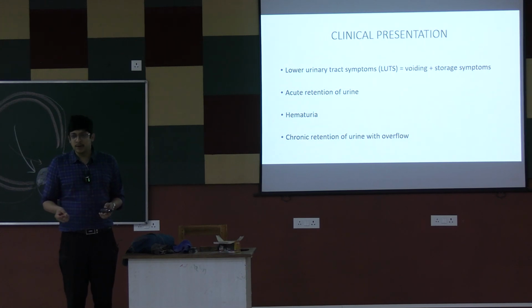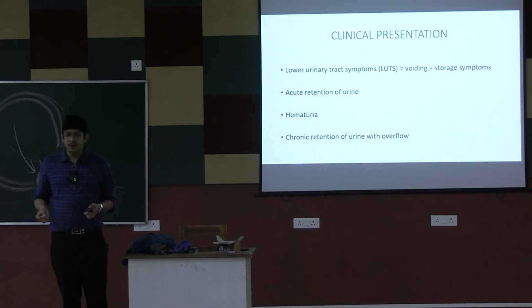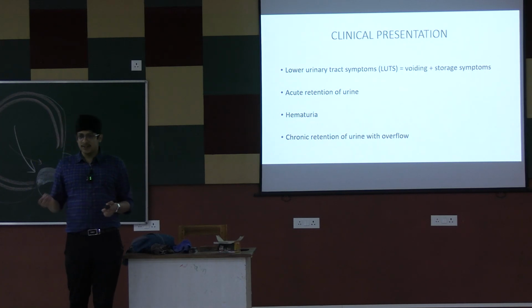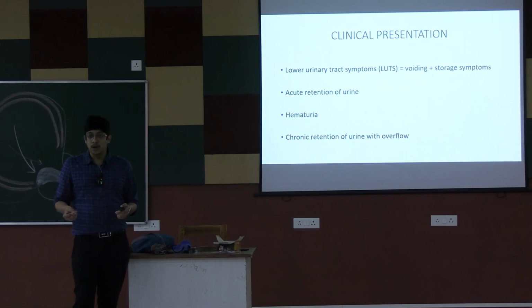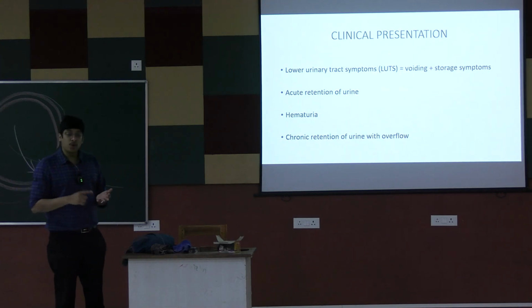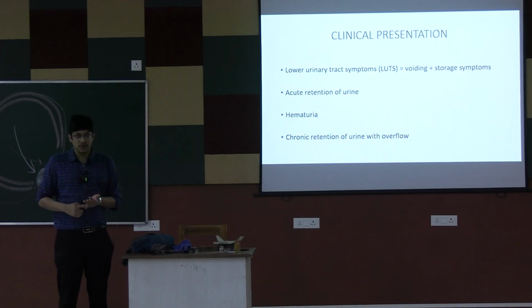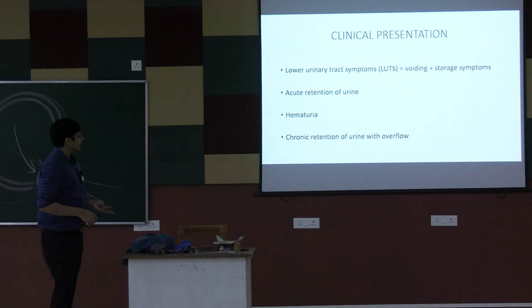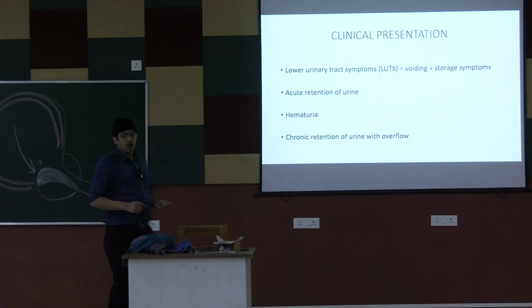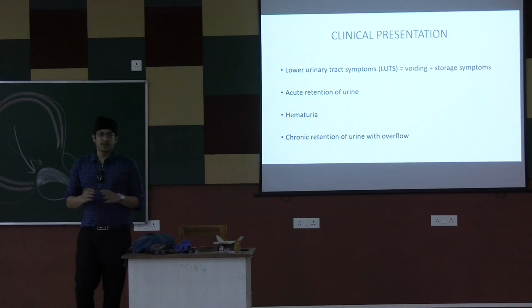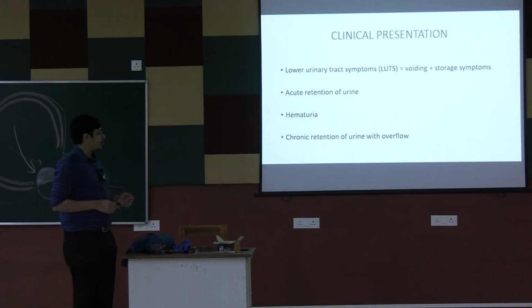He is dribbling urine, there is constant dribbling of urine, and the patient has a feeling that he is passing urine, but the flow is poor, whereas the patient is actually holding back around 500, 700, 1 liter of urine in the bladder with no pain, no sensation of urination. Okay. So, it is very essential to differentiate between what is an acute retention and what is a chronic retention, because treatment strategies are very different for these two.